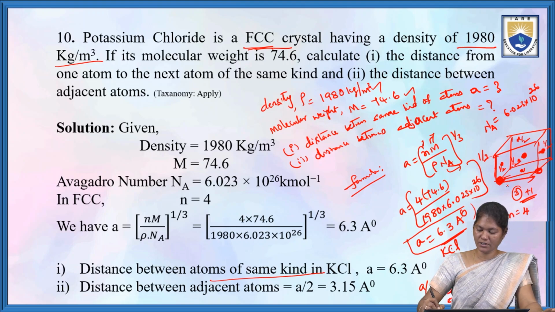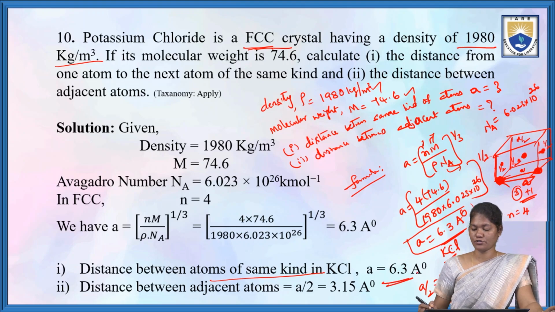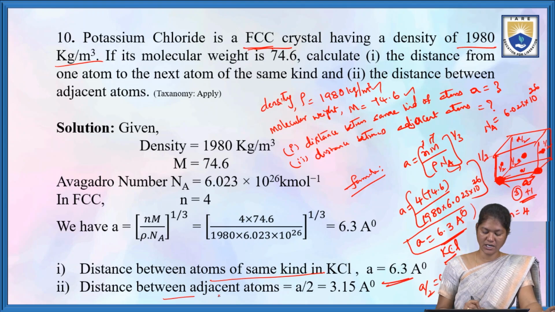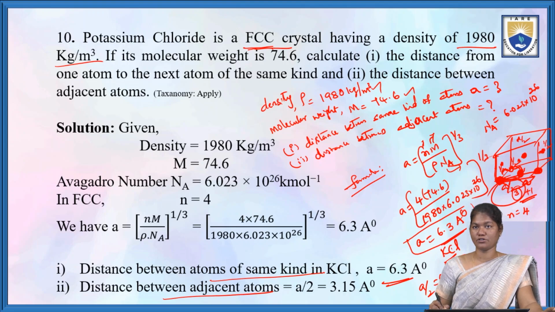For the same kind of atoms in the potassium chloride crystal, the distance is a, so a is 6.3 angstroms. Whereas for the adjacent atom, the distance between adjacent atoms is a by 2. That's why 6.3 by 2 is equal to 3.15 angstroms.